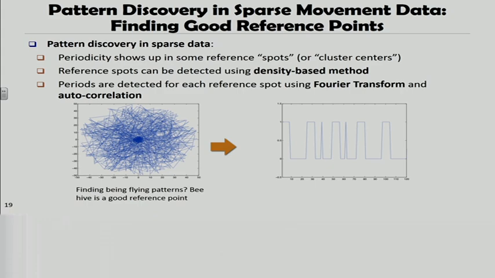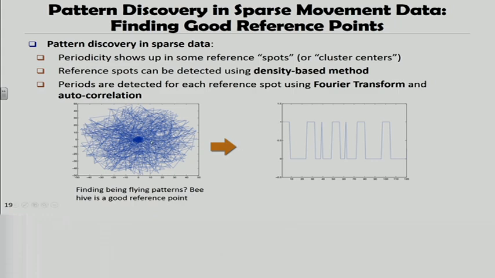So if you trace the bee flying everywhere, and you try to use image processing or periodic detection, a Fourier transform, autocorrelation, you find nothing because the bee goes to all the places.